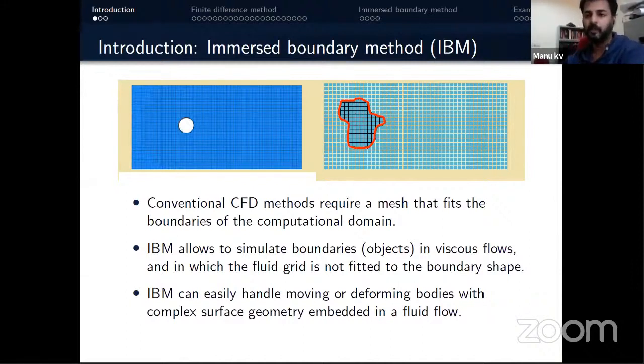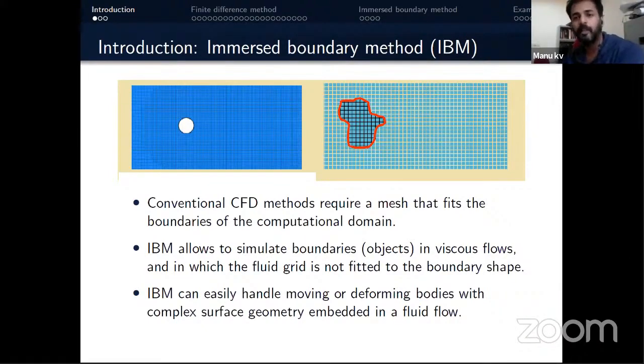This method allows us to use the Cartesian grid itself, so the meshing part is extremely simple.